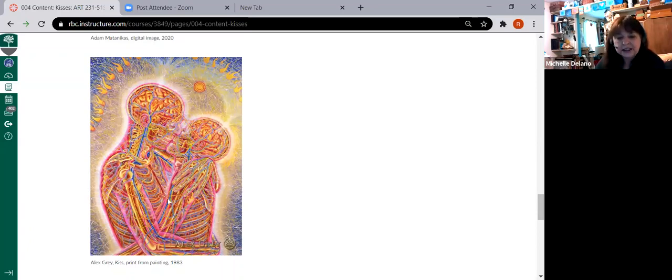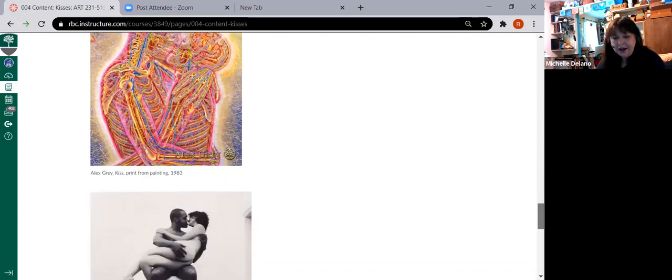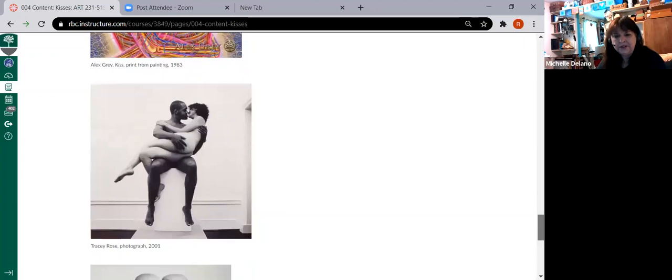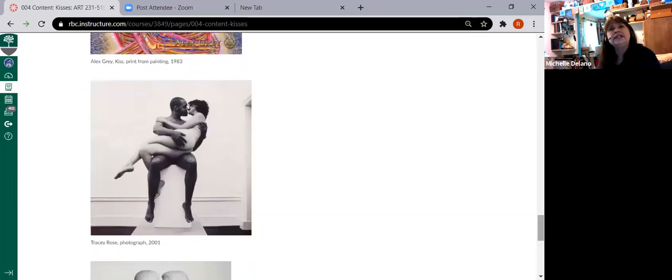I notice that there's an infinity symbol joining the two people. So you could compare, for instance, Alex Grey's flesh and bone to stone. I intentionally chose some pieces that were either difficult to understand or challenge stereotypes about kisses.